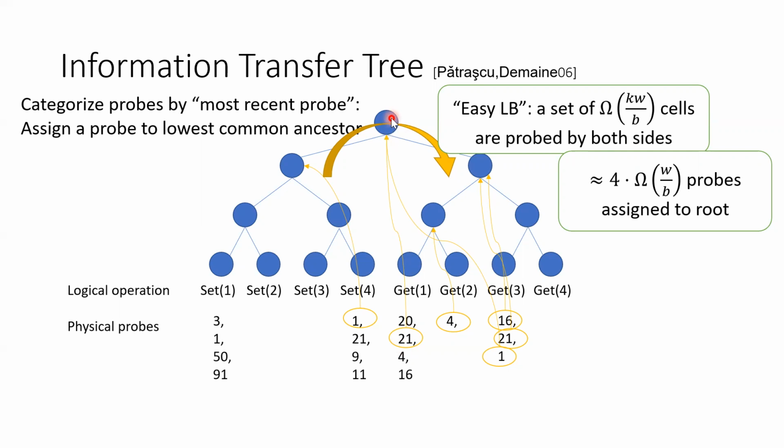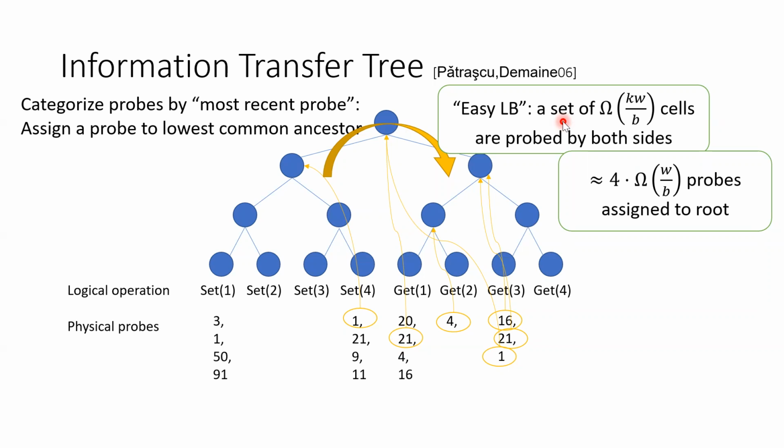For every probe assigned to the root, there must be a same cell probed on the left in order to have this assignment. And so this assignment is actually the set of intersection cells. So in this probe assignment, we only care about the most recently used probe. So there would be no probe that will be assigned to the lowest common ancestor at the same position.